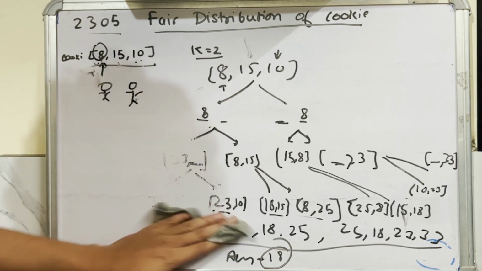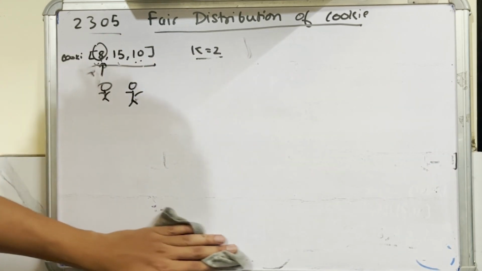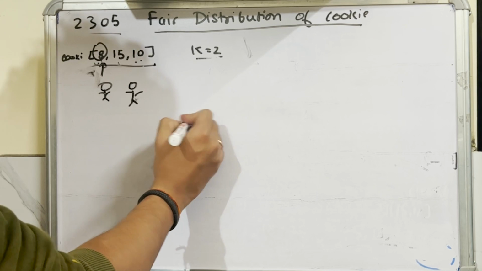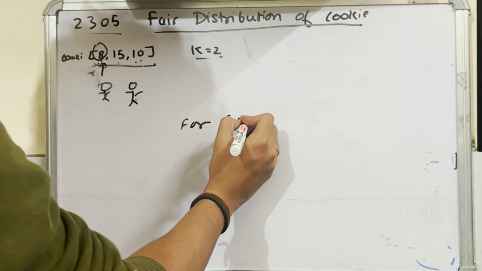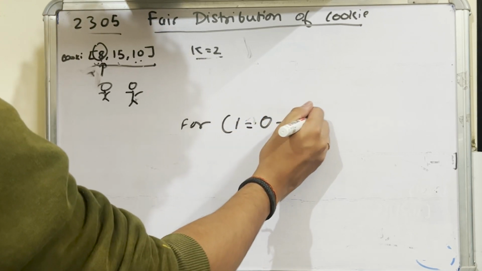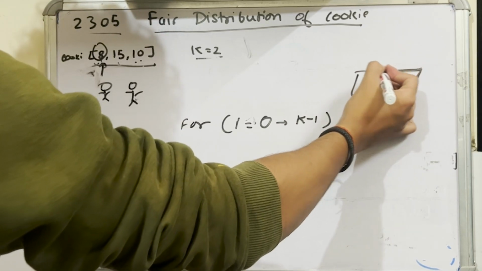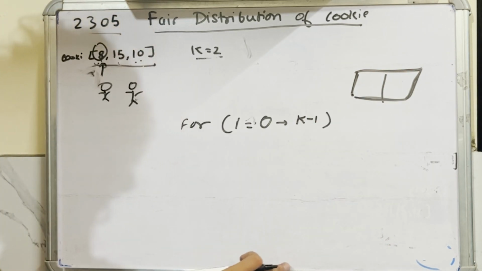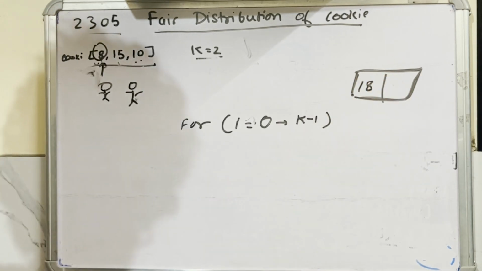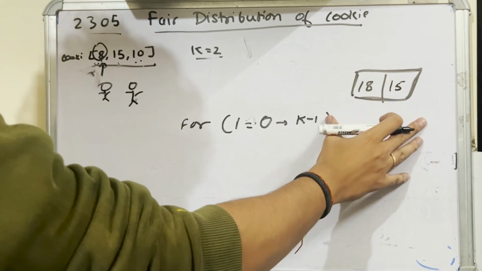So recursion, and the thing that I told you is to use an array. In the array you can store the cookies for a guy, and as a simple step you can use a for loop, i from 0 to k minus 1, create an array, and then store the cookies, these three that I showed. At last you'll have some values, like 18 comma 15 in a certain case.